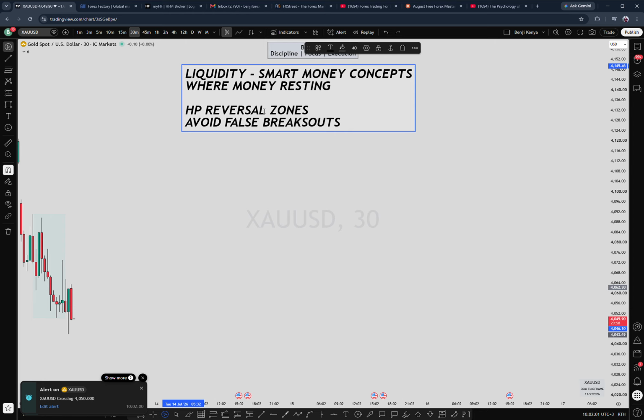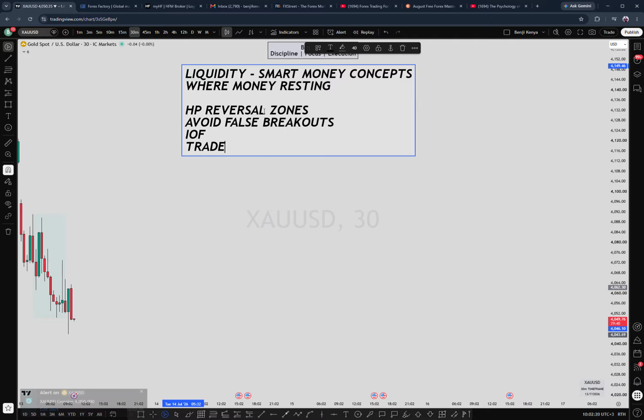It will help you understand what we call institutional order flow, IOF, and it will also improve your trade timing.